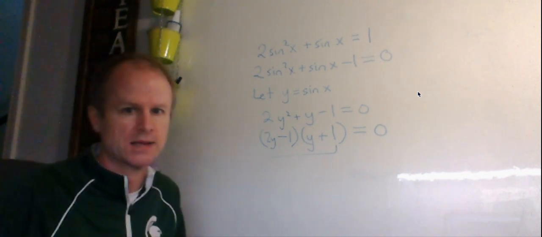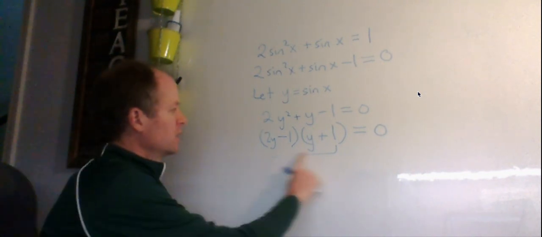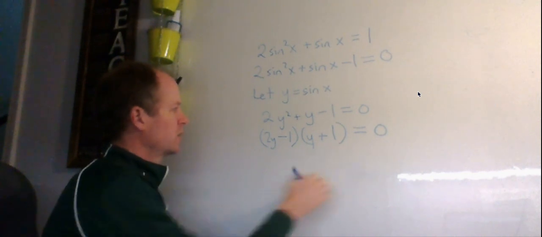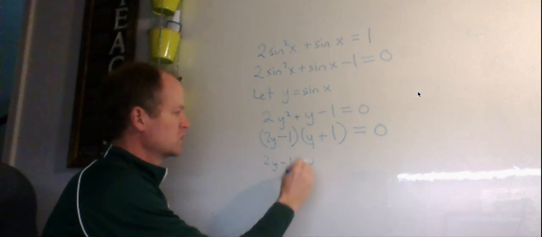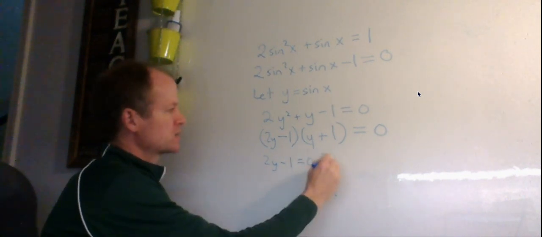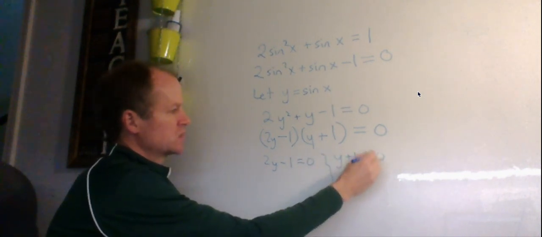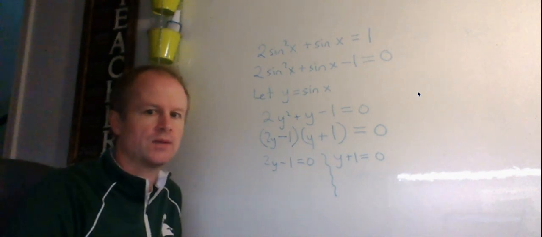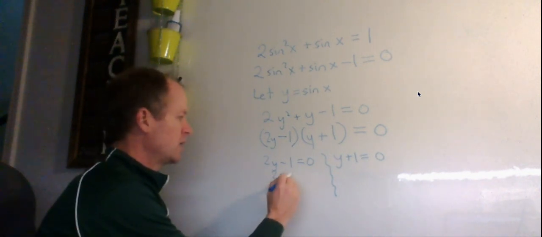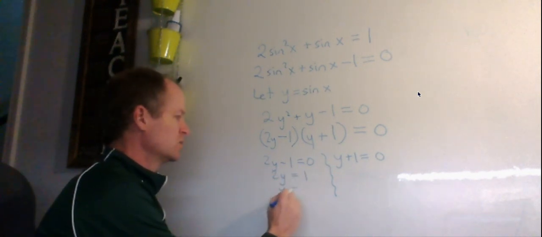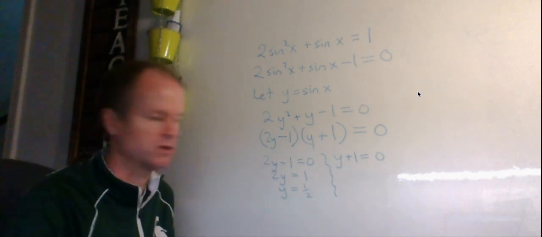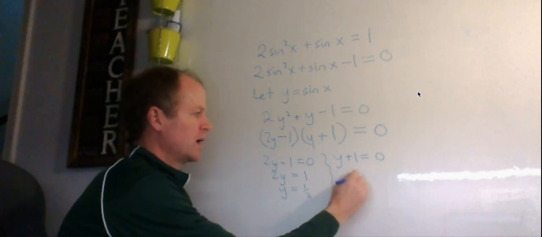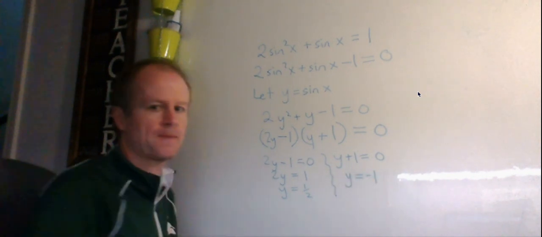So you can make the box and check that. All right. So next, I'm going to say, well, then 2y minus 1 has to equal 0, or the other possibility, y plus 1 has to equal 0. And that means that 2y would have to equal 1, or y is equal to a half. That's your first possibility. And then in the second one, y is equal to negative 1.